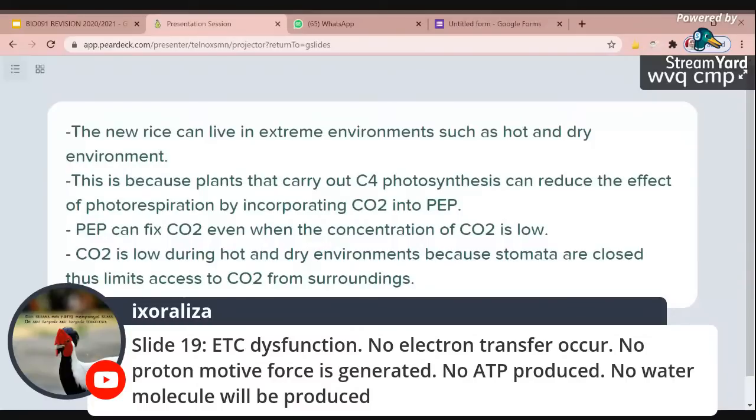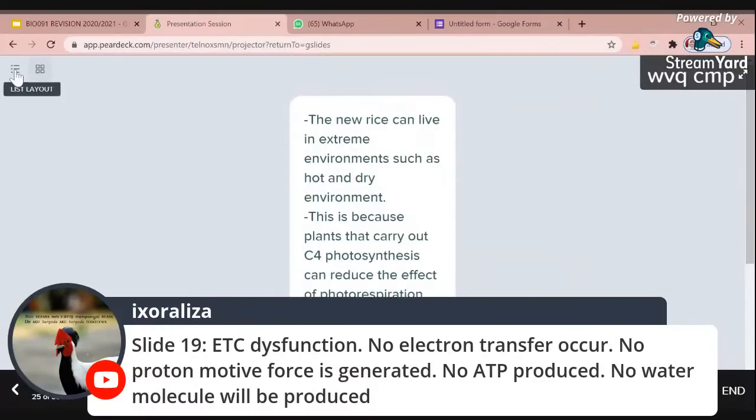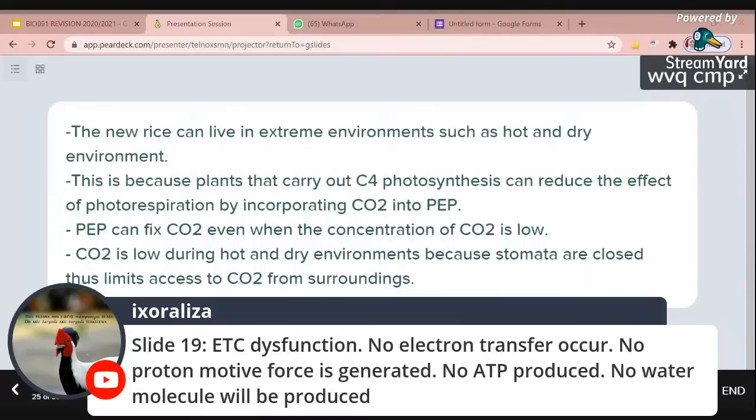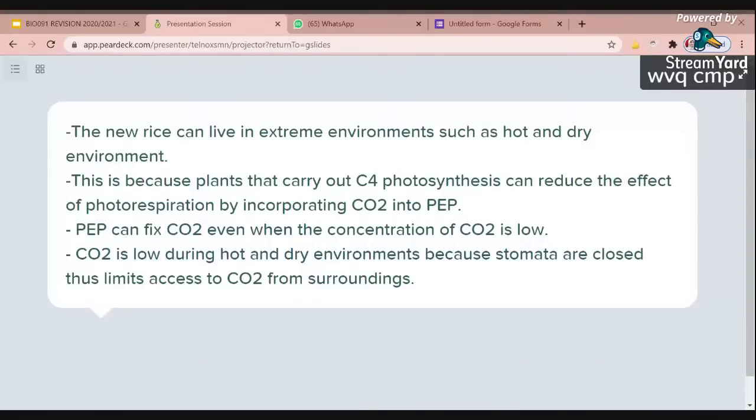This answer is correct. Congratulations. Siapa yang jawab ni? Oh tak ada nama. Congratulations to anyone that answered this question. Your answer is correct. The new rice can live in extreme hot and dry environment, atau you kata it able to stand hot and dry day, right?